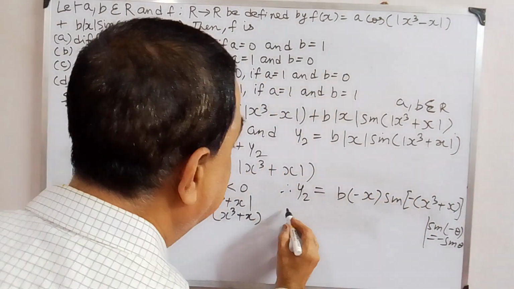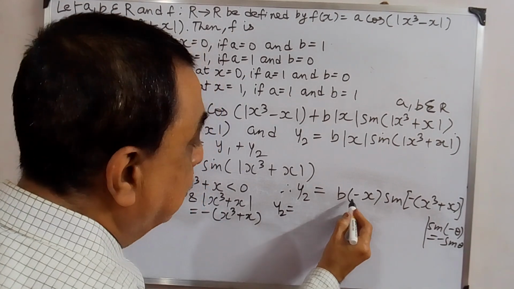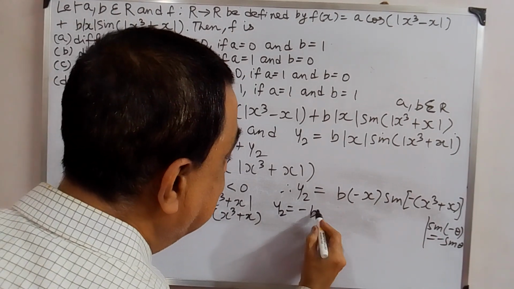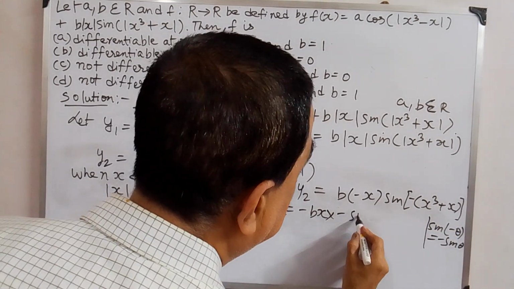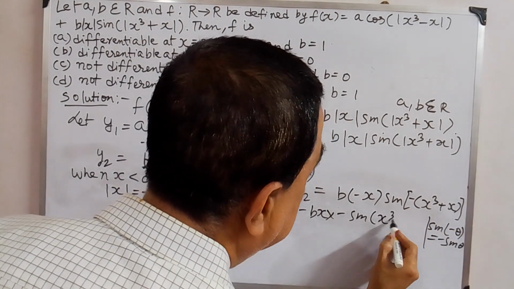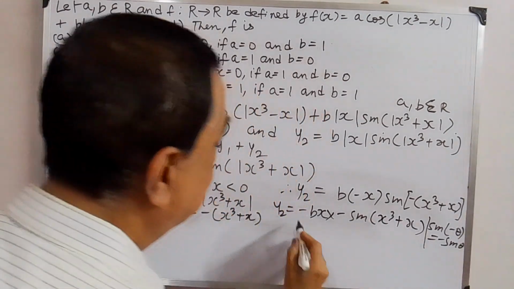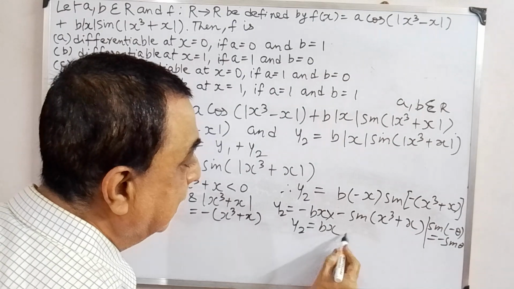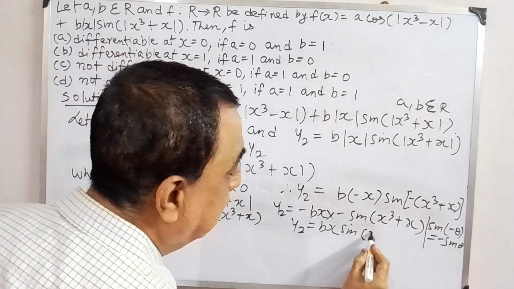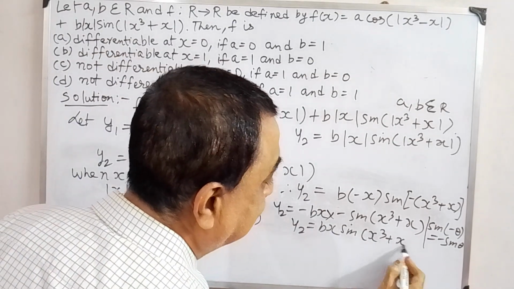So y2 will be equal to minus bx into minus sine of x cube plus x. Minus into minus becomes plus, so y2 is equal to bx into sine of x cube plus x.